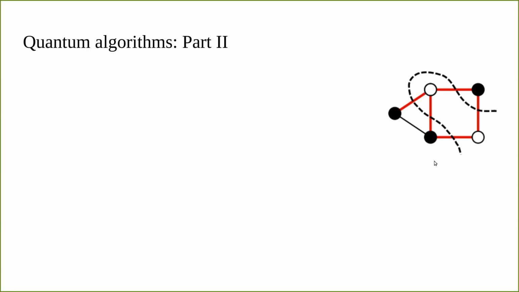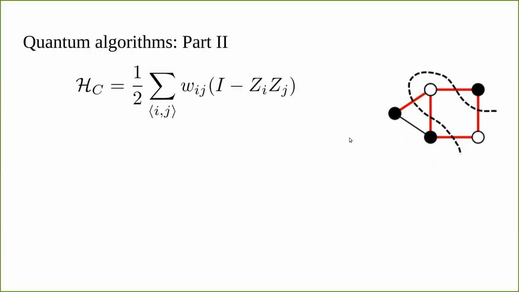How do we formulate this as a problem that we can use a quantum computer to solve? The first step is to write down an energy of the system, or a Hamiltonian. The Hamiltonian looks as follows. z sub i and z sub j here are representing nodes i and j, and these can have values +1 or -1.